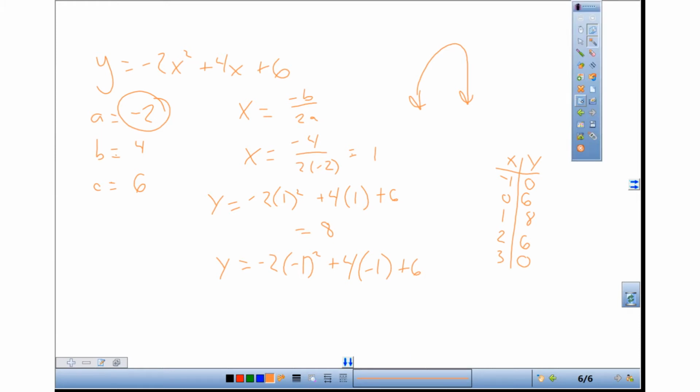And what we're going to do is we're going to go ahead and graph that. So let's draw our lines. Again, it's pretty small, so we can graph it on one. We don't have to change our scale or anything. So our first coordinate was -1, 0. Our second coordinate was 0, 6.